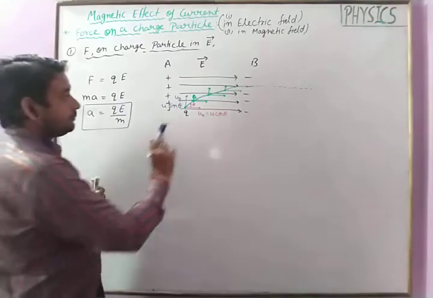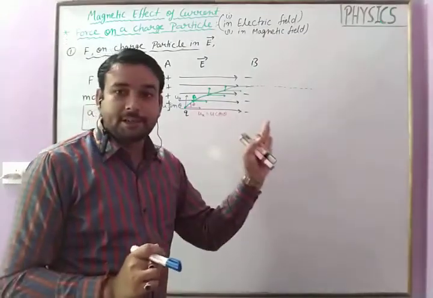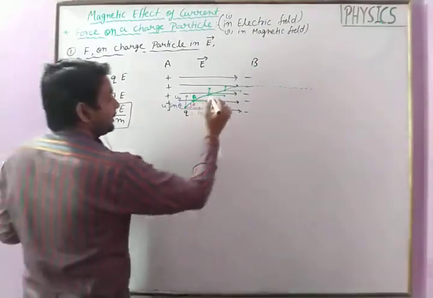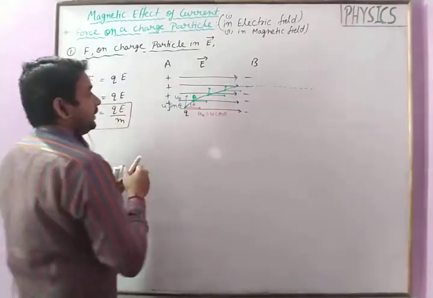So in electric field the particle is accelerated and its path is likely to be parabolic.